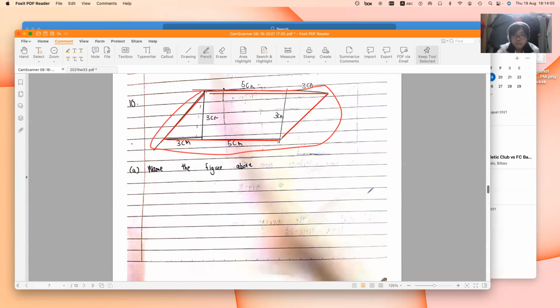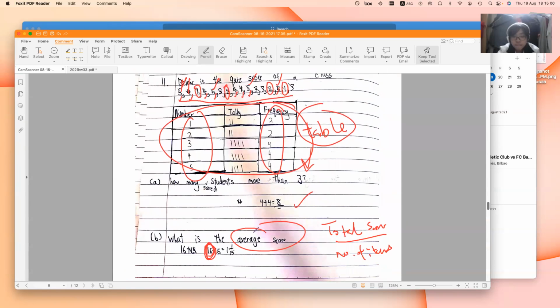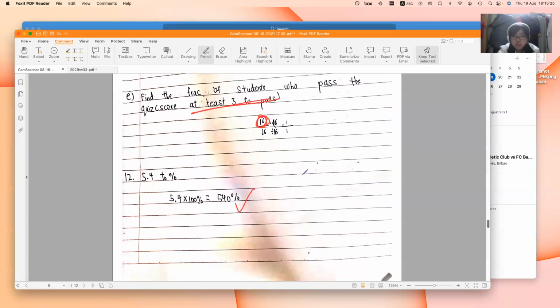Remember, to get average is total score divided by number of items, and we don't look at the table for the questions. To answer all the questions, we look at all the individual numbers. The table is just for you to have a summary. Go back, watch this, and then you should be fine.